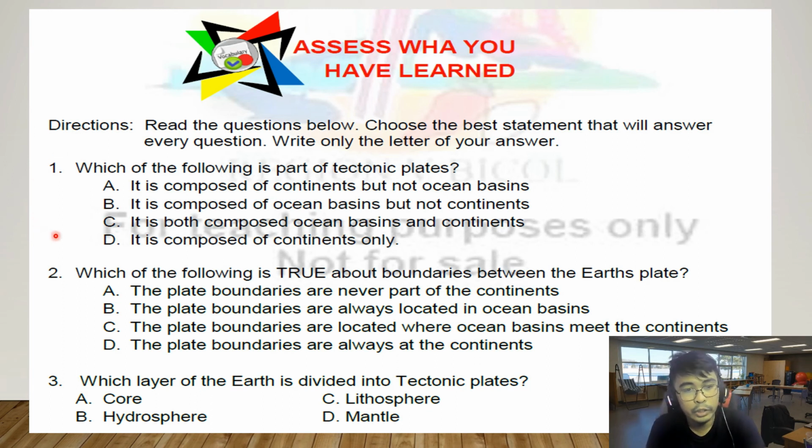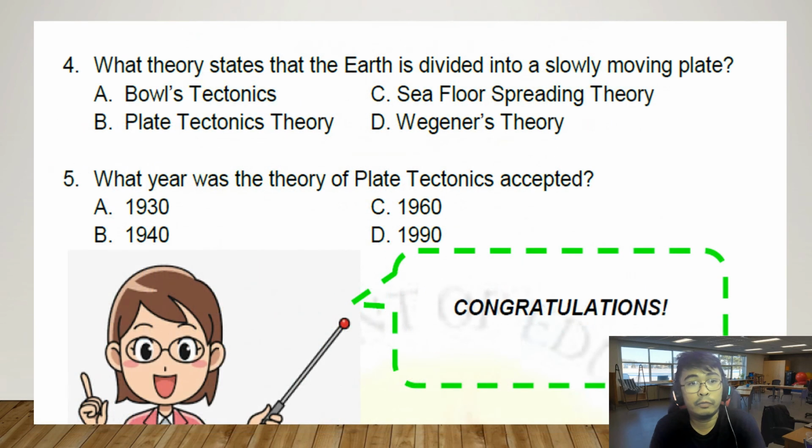Number 2, which of the following is true about boundaries between the Earth's plates? Number 3, which layer of the Earth is divided into tectonic plates? Number 4, what theory states that the Earth is divided into slowly moving plates? And number 5, what year was the theory of plate tectonics accepted?